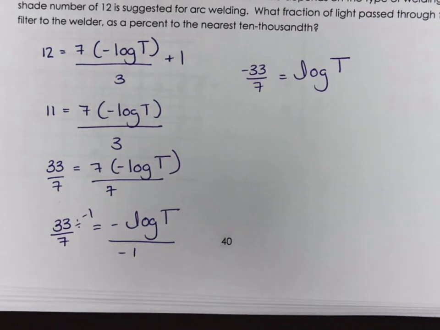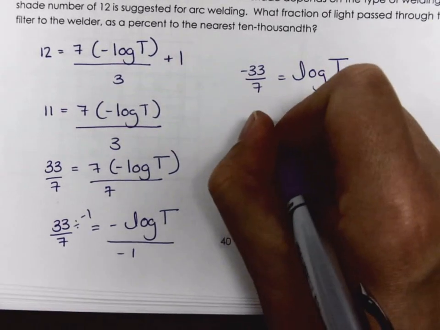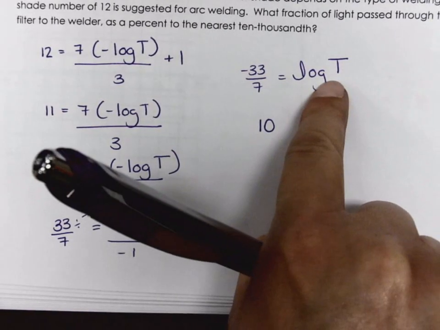And you're like, I don't know where to go from here. What's the invisible base on this? 10. So we're going to now put this into exponential form. This is the handiness of being able to go back and forth between exponential and logarithmic. So base of 10, because it's the invisible base on that.